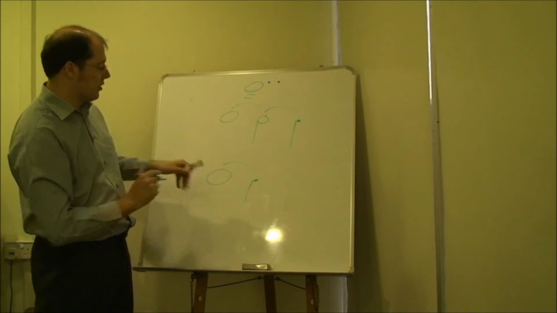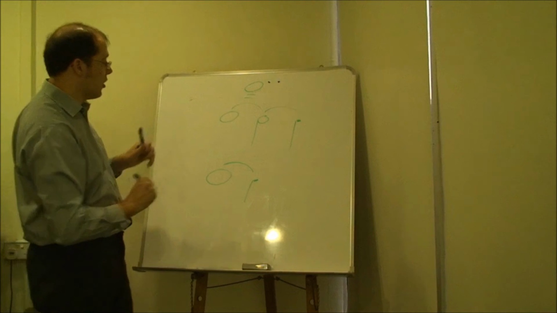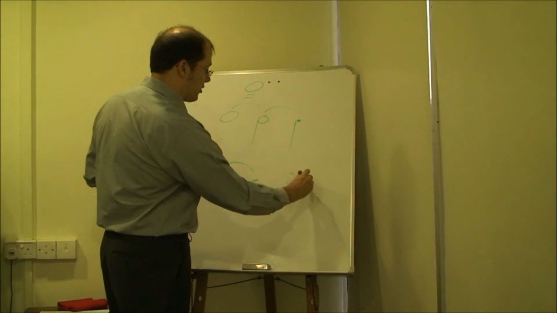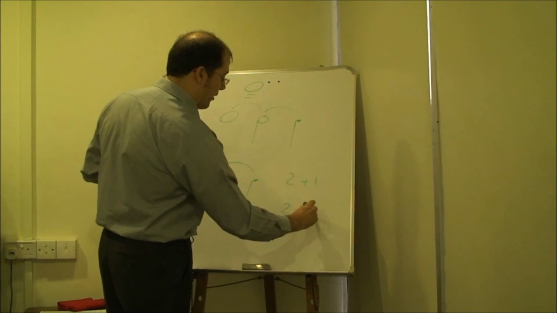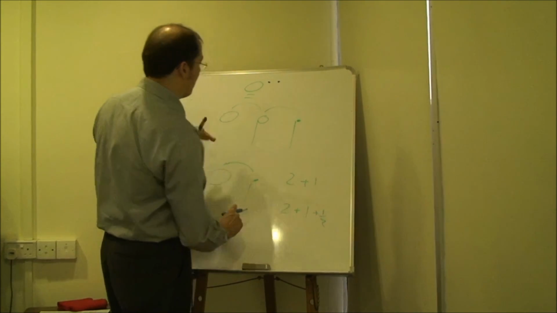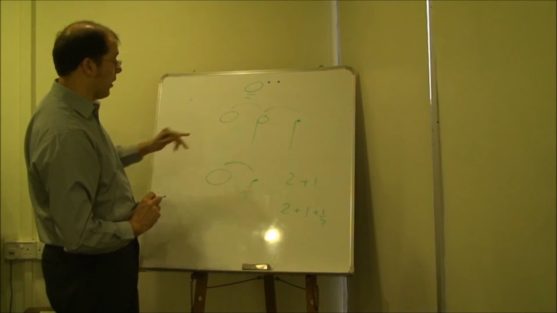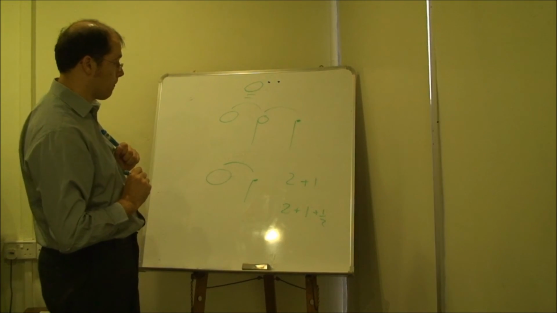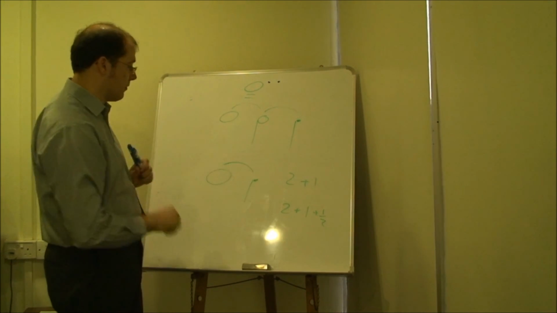We have to use the tie to notate that. So it's only for 2 plus 1 and 2 plus 1 plus a half, which is this double dot, that we have special notations for. And that is all you need to know about dotted notes and ties.